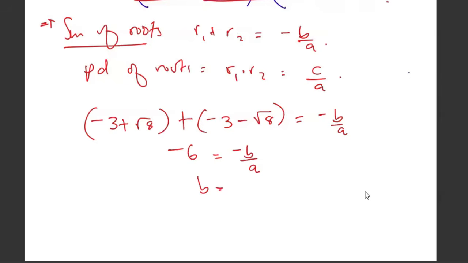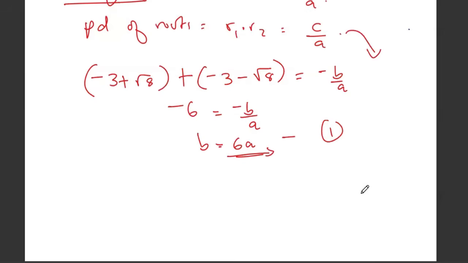So b is going to be 6 times a. I'll call this equation 1. And then from the product part of it, we said negative 3 plus root 8, and then negative 3 minus root of 8 should give us the c, which is negative 8 over a.